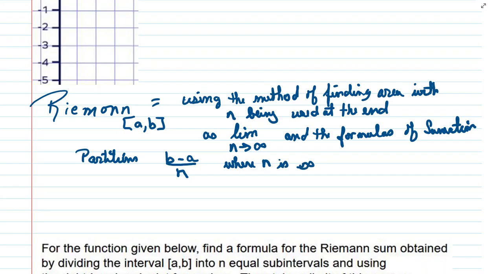Okay, so we're taking the difference, the length of what we're measuring for delta, and we're doing the b minus a. And then we'll take the first part, and he wrote it like this.